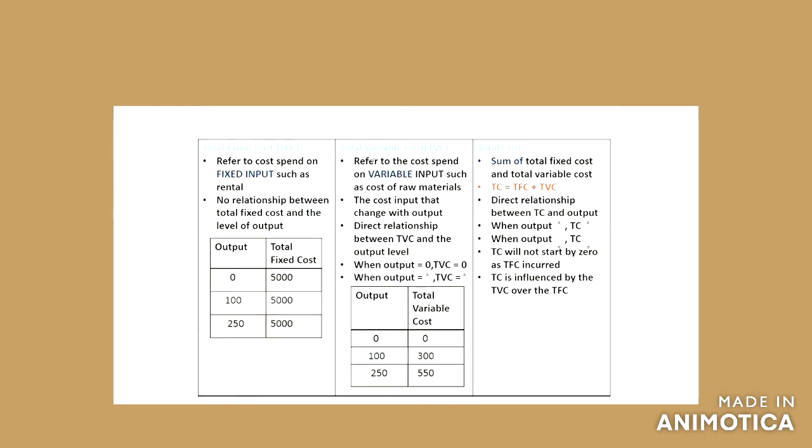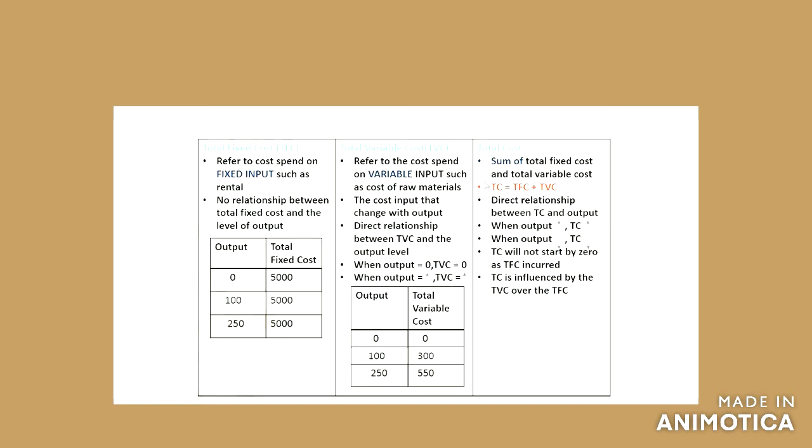It refers to the cost spent on variable inputs such as cost of raw materials. So it is the cost of input that changes with output, a direct relationship between TVC and the output levels. So as I said also, the variable input has a relationship with output. It has positive relationship. As output increases, the total variable cost also increases. When output is 0, the TVC is also 0.